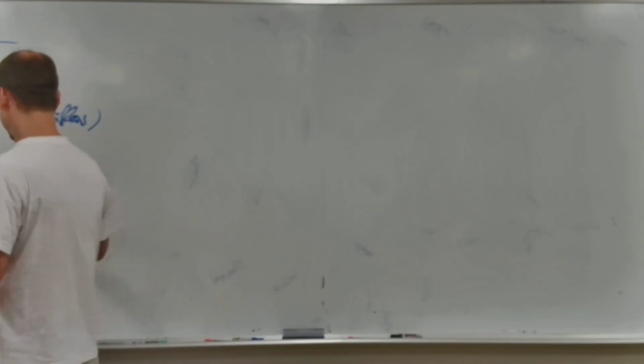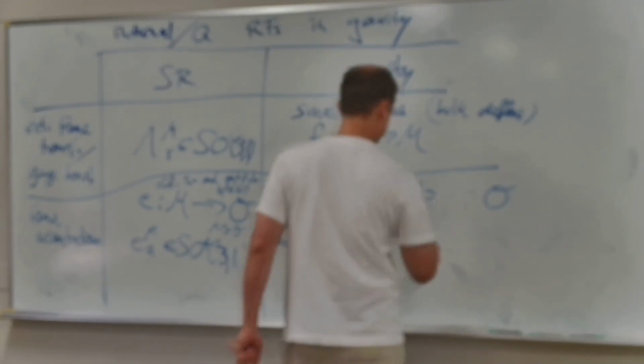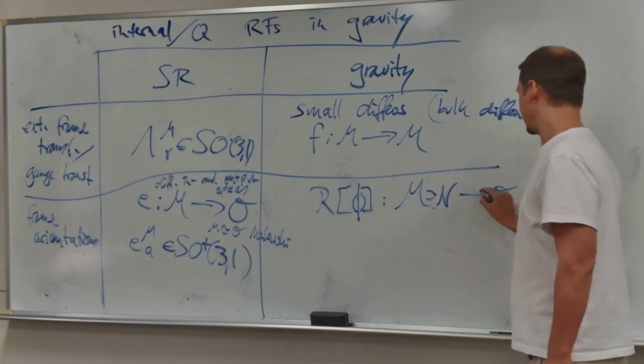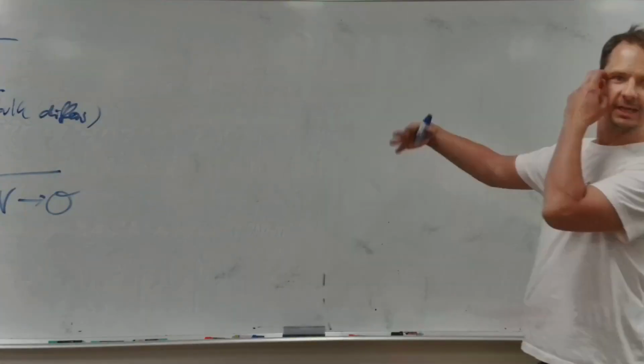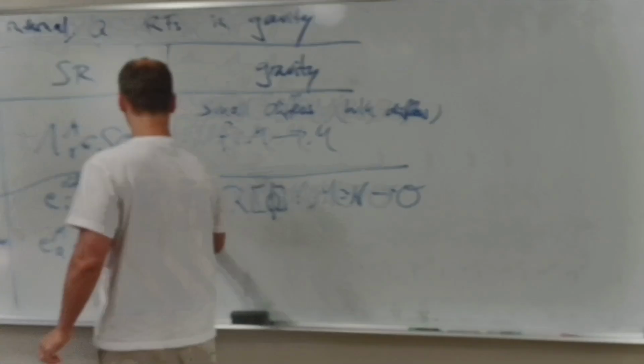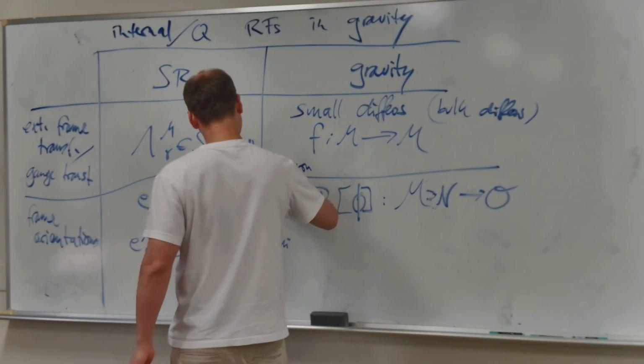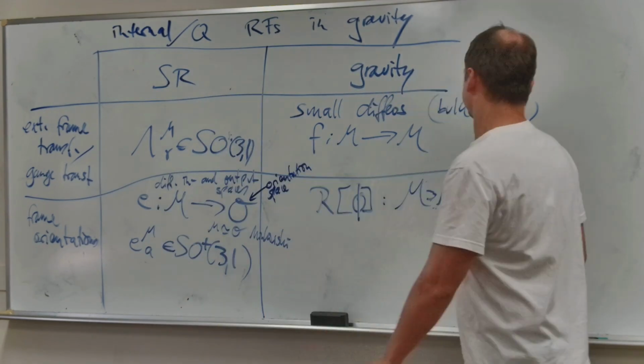In general, it will be some neighborhood that maps into some orientation space. And let's call this here local orientation space.